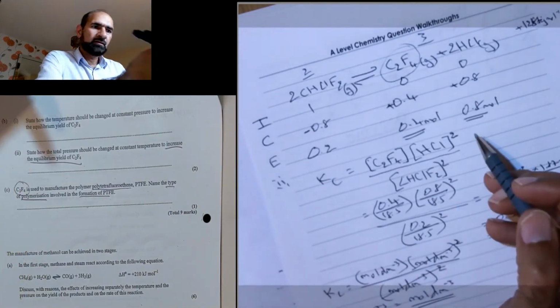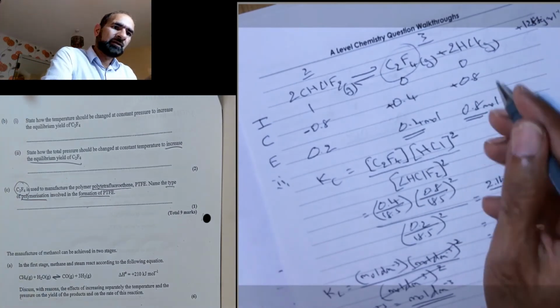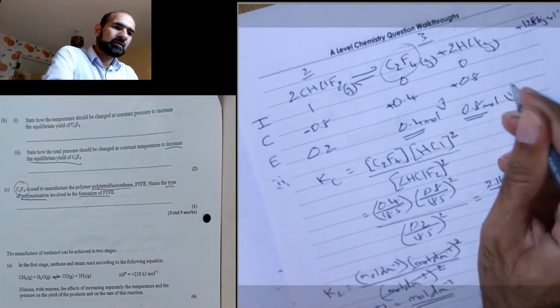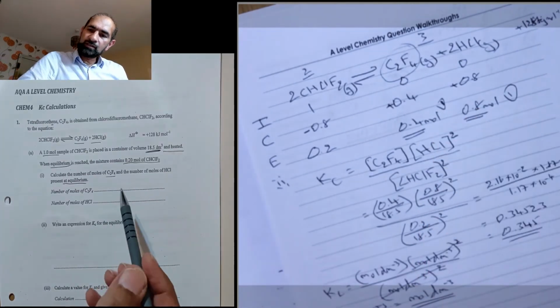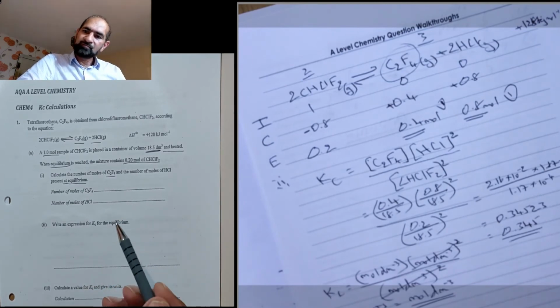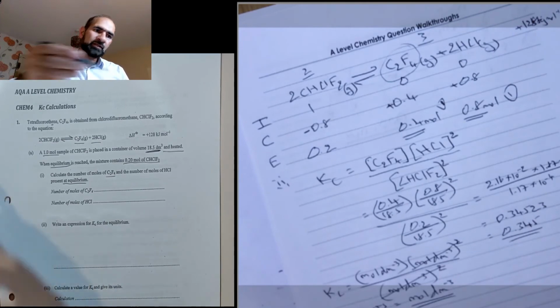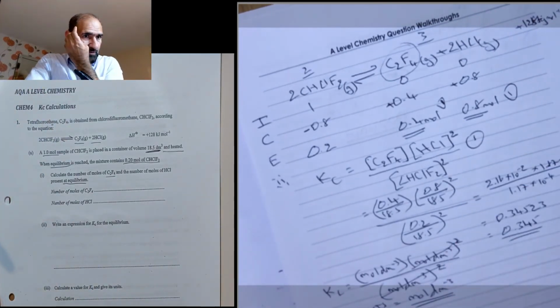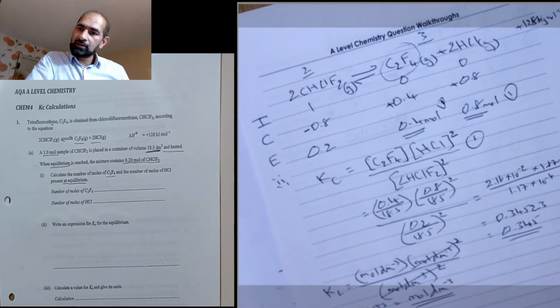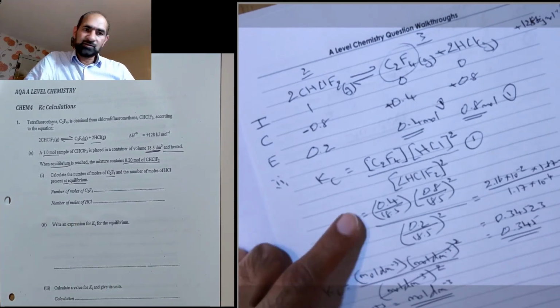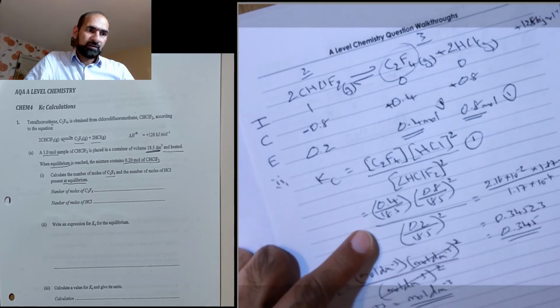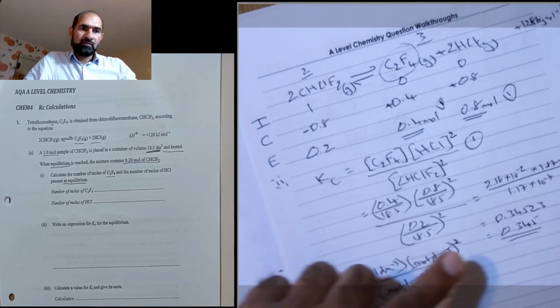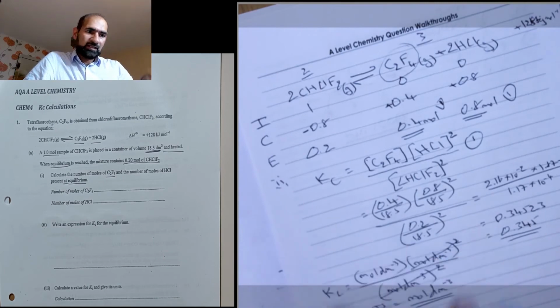Marks. So obviously, that's a mark here, that's a mark here. Right, so that's a mark, and write an expression for the Kc equilibrium: 1, 2, 3, so that would be 3 marks. Calculation, so that would be a mark there, then 4, 5, and 6.